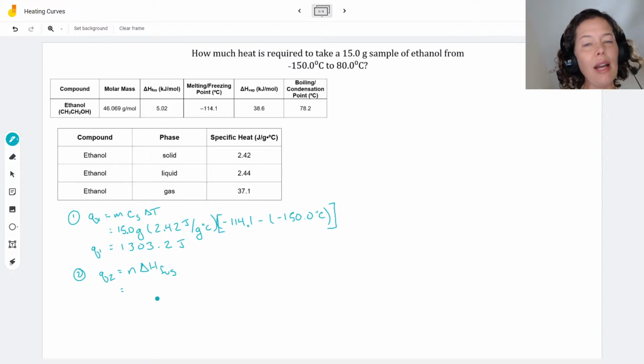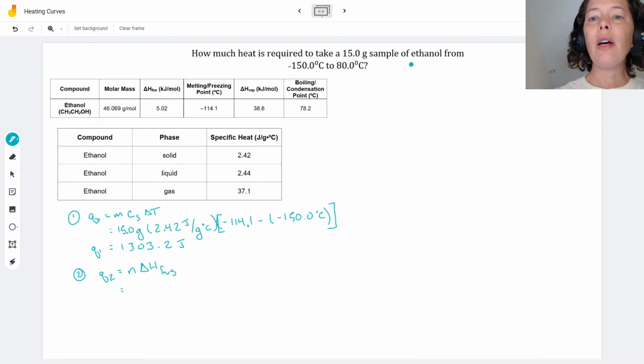Now I haven't yet calculated my number of moles, so before I can do my calculation number 2, I need to do a quick calculation to convert from grams to moles. Well, the nice thing is I do have the molar mass right here. So if I have 15 grams of ethanol, let's just do a quick conversion.